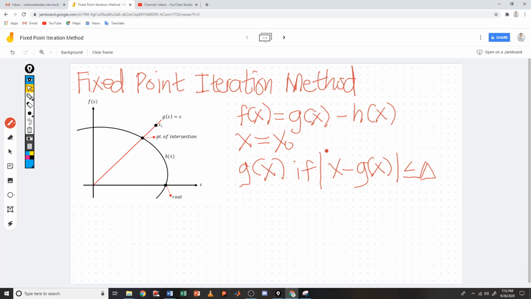If this condition is not satisfied, then g(x) becomes the new value of x, repeating the iteration process until the given condition is satisfied.